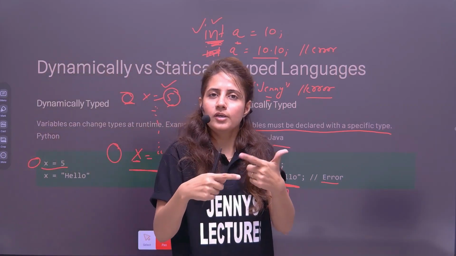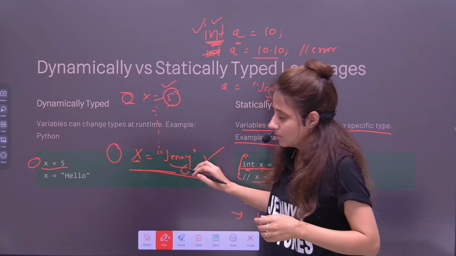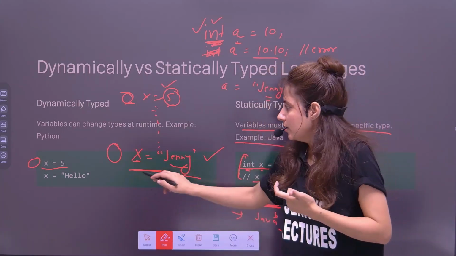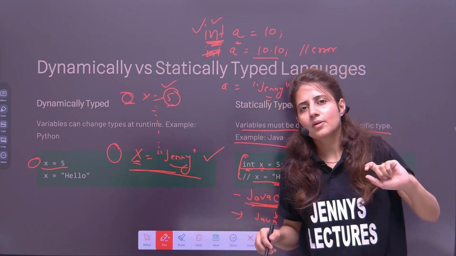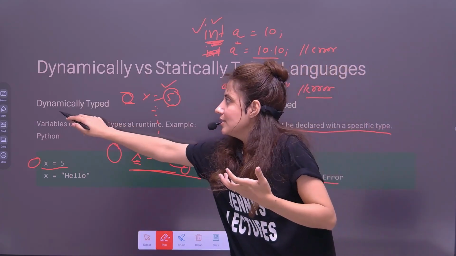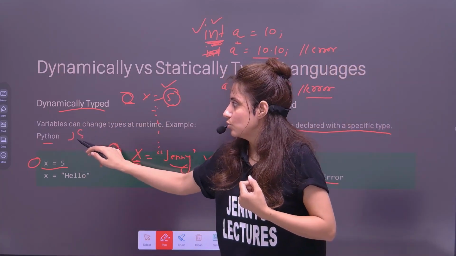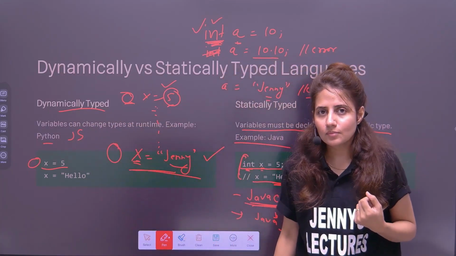At runtime only this would be checked. It means if you are storing a string, at runtime only its data type would be considered as string. So these types of languages are known as dynamically typed languages, such as Python, and JavaScript is also a dynamically typed language. Right.